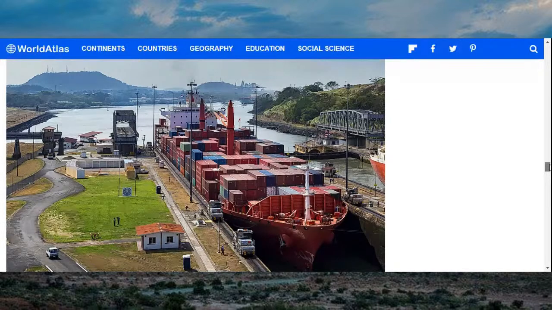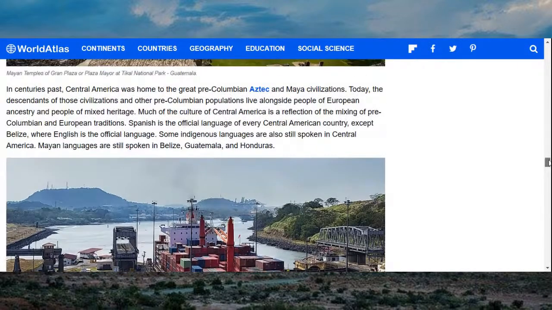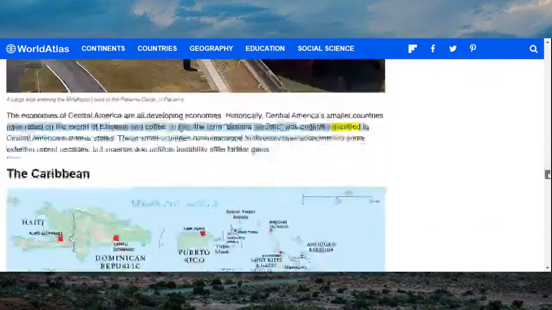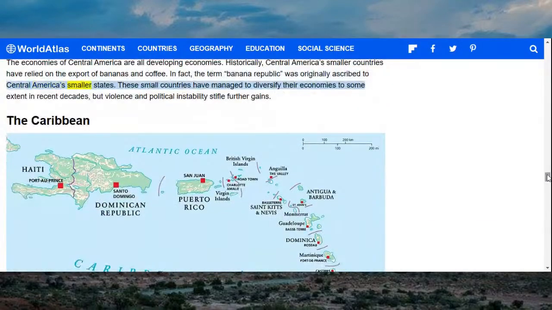In fact, the term Banana Republic was originally ascribed to Central America's smaller states. These small countries have managed to diversify their economies to some extent in recent decades, but violence and political instability stifle further gains.